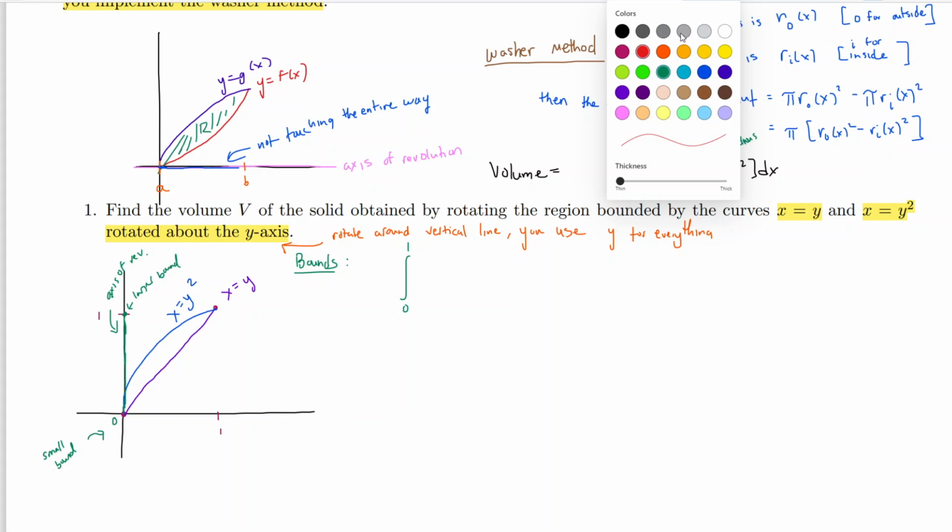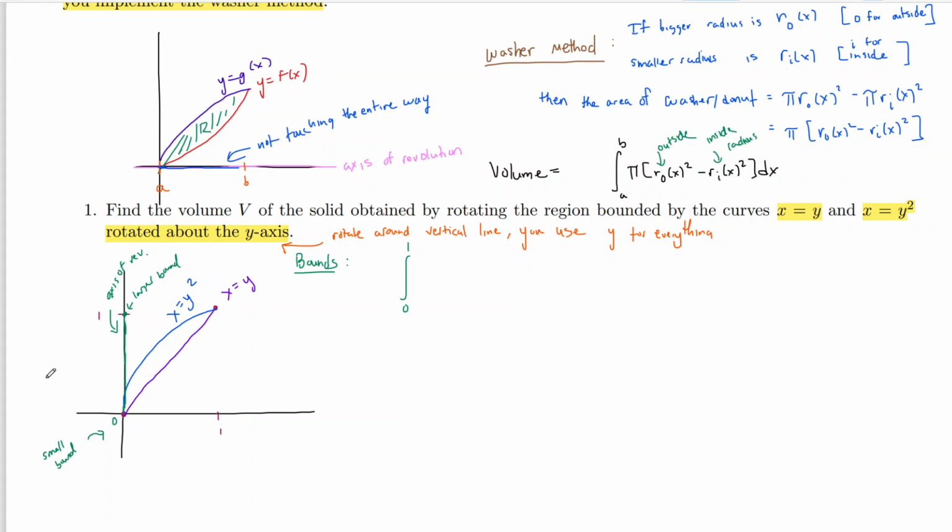Now, when we visualize rotating around the y-axis, what happens is this region comes back here. So we have the straight line, and let me draw that a little bit better. I'm just trying to redraw this region. So we have the straight line, and then the part of the parabola here is inside. So we get this picture.